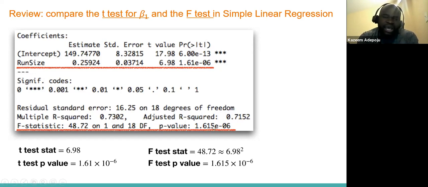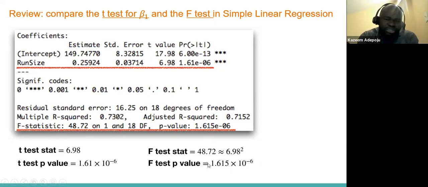That was the reason why I got this extraction out here. As you can see, the t-test statistic is 6.98 that I extracted from here, and the p-value associated with that is this one that I put right here. In the case of the F statistic test, it is the one I put right here, and the p-value associated with that is what I put right here.